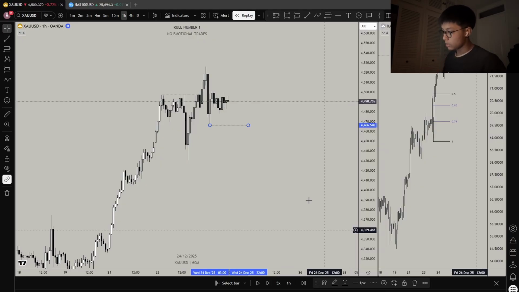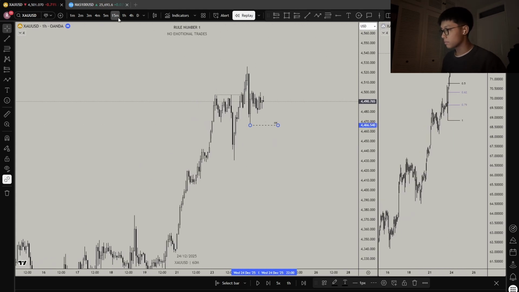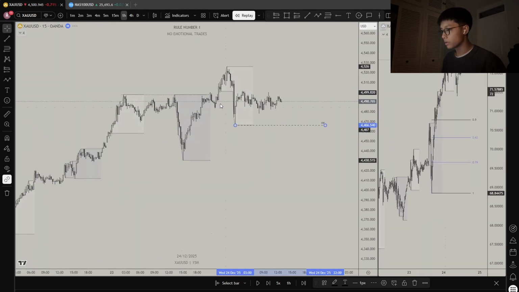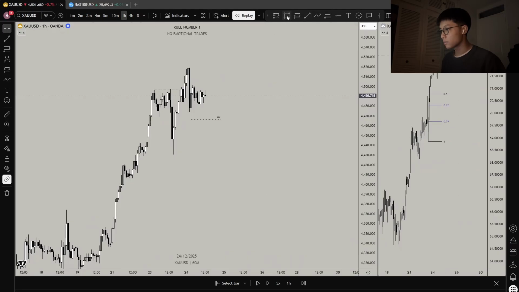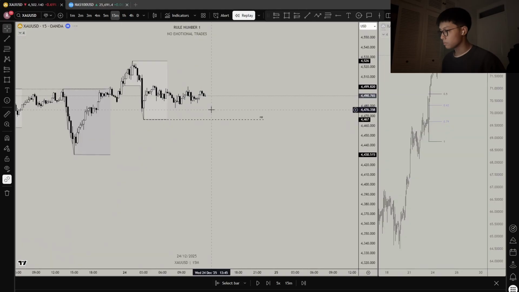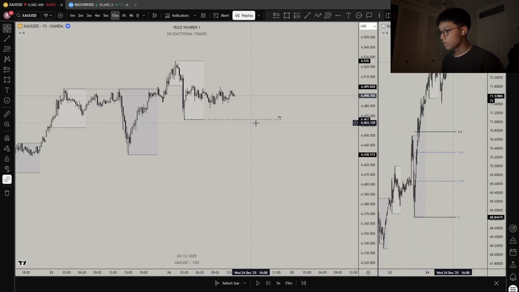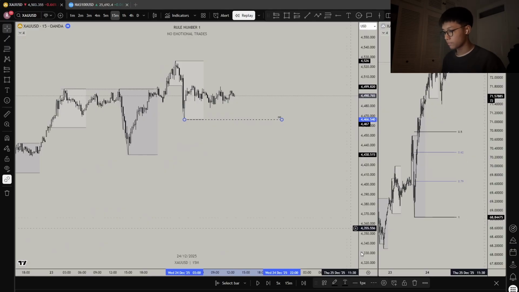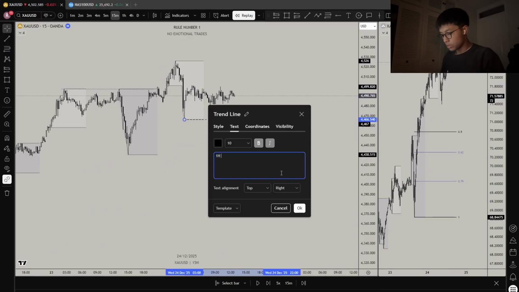This 1 hour is a really good draw on liquidity, because as you guys can see, we're in this imbalance as well over here, which means price on the bigger time frame hasn't filled orders over here yet. And also because this was the Asia low. Yeah, this was the Asia low as well. And as you guys know, session lows are very strong draws on liquidity as well.